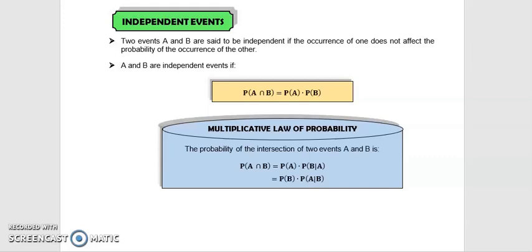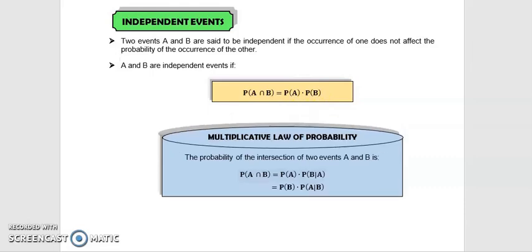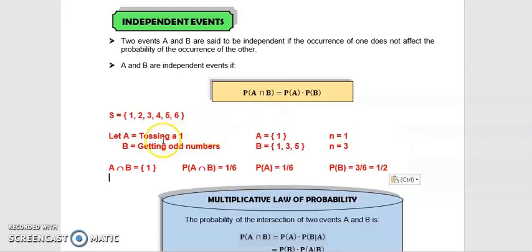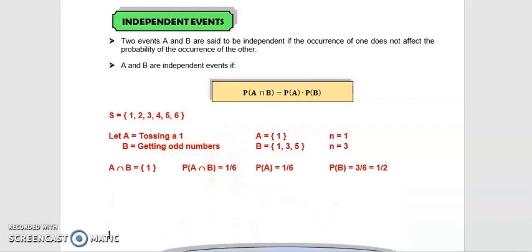So A and B are independent events if the probability of A intersect B is equivalent to probability of A multiplied by probability of B. The dot here means multiply. Let's take an example from example 19 previously, the experiment of tossing a dice. If we toss a dice once, we will get either number 1, 2, 3, 4, 5, or 6. Now A is the event of tossing a 1 and B is the event of getting odd numbers.